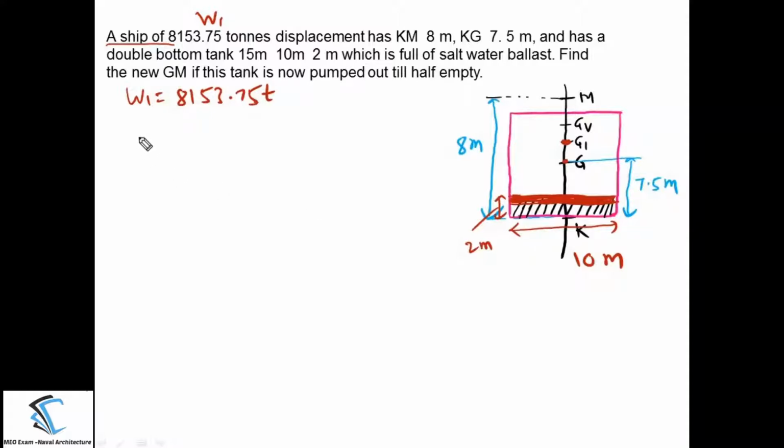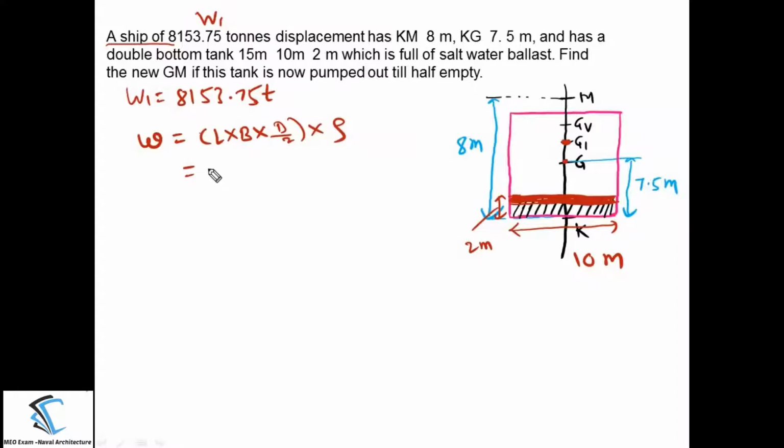Let me call the weight of that water which is pumped out W. That is equal to the volume of the water multiplied by the density of that water. In this case it is salt water, so the volume is the length of the double bottom multiplied by the beam of the double bottom multiplied by half the depth of the double bottom, let me call it D by 2, into the density of the salt water.